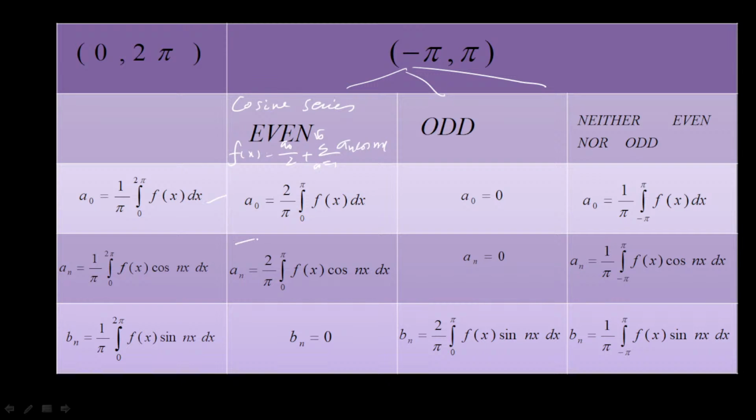This is your cosine series under even. Odd means that is your sine series. So your f of x equals sigma n varies from 1 to infinity, consisting of only bn, bn sin nx, and a naught and an become 0. So your bn is equal to 2 by pi integral 0 to pi f of x sin nx dx.